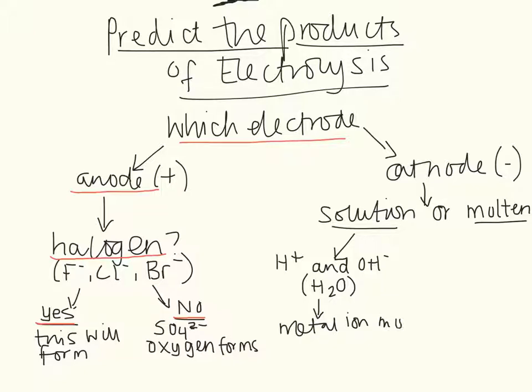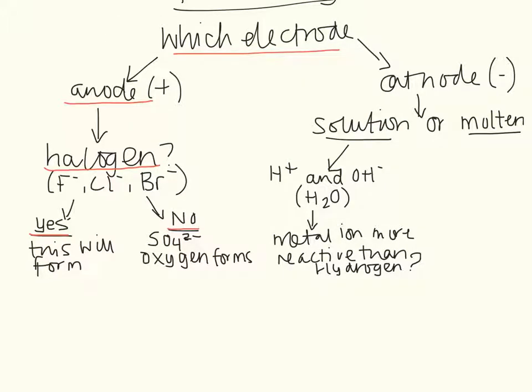more reactive than hydrogen. And the way to find that out is, if we get to this question and we ask ourselves, is our metal ion more reactive than hydrogen?